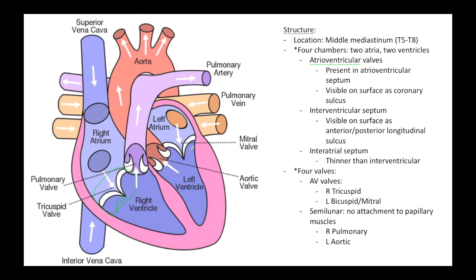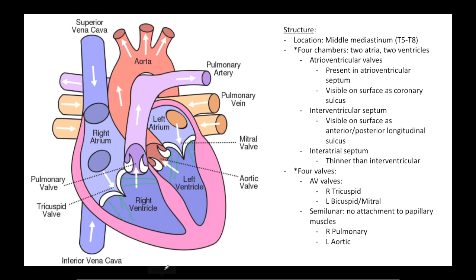And on the left side, we have our bicuspid, named because there's only 2 cusps. It's also known as our mitral valve. And these guys have attachment to papillary muscles, holding these cusps in place.